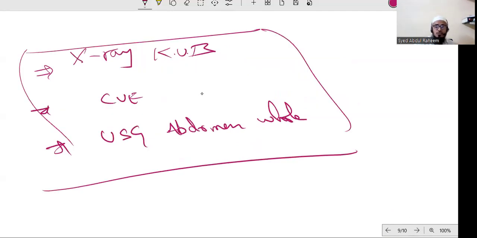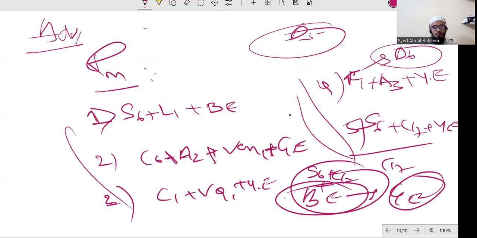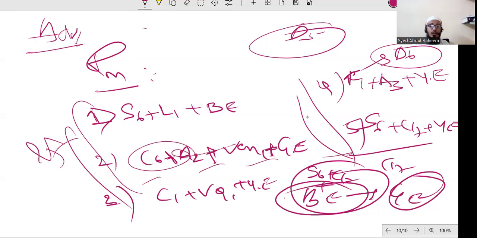What are the diagnostic tools? You can use X-ray, CUE, USG whole abdomen. And this is the treatment plan in the initial stage; a later or serious stage needs careful observation or sometimes hospitalization. So S6L1BE, all these in D5, C6A2N1G to remove the accumulated fluid with the help of manuals. This is a structural remedy.